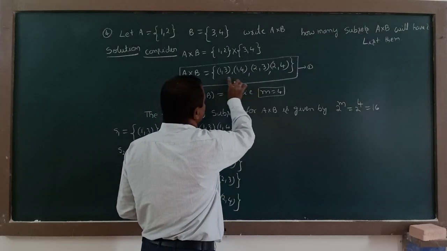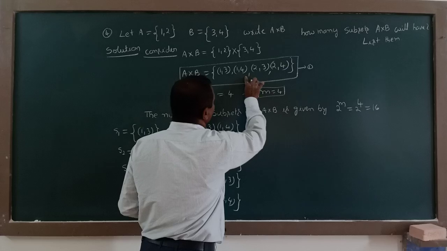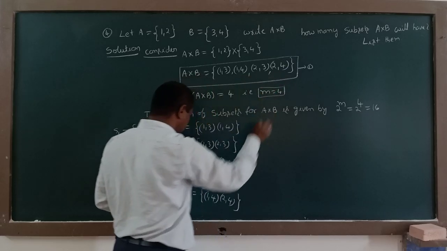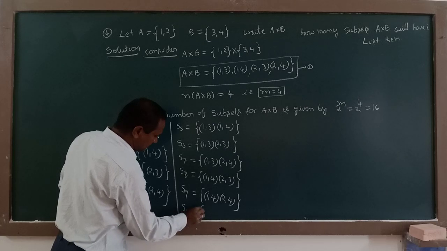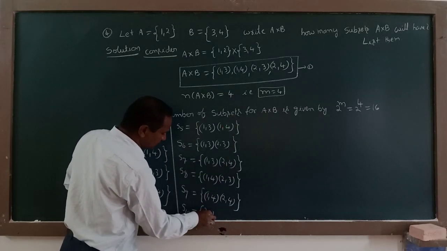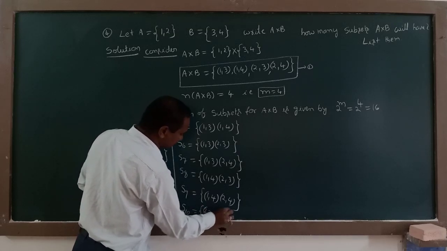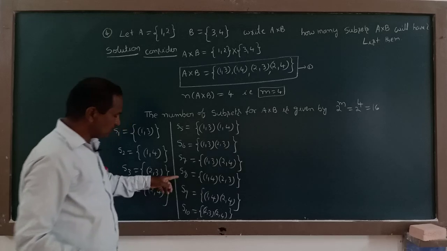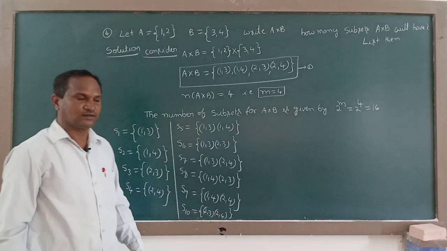These are done. Next, the last, S10: 2, 3 and 2, 4. That is all. Totally we got 6 here: 1, 2, 3, 4, 5, 6.